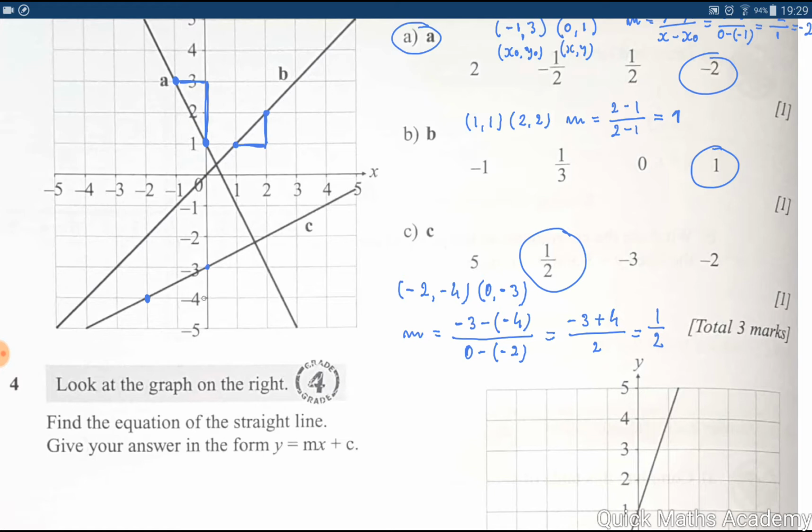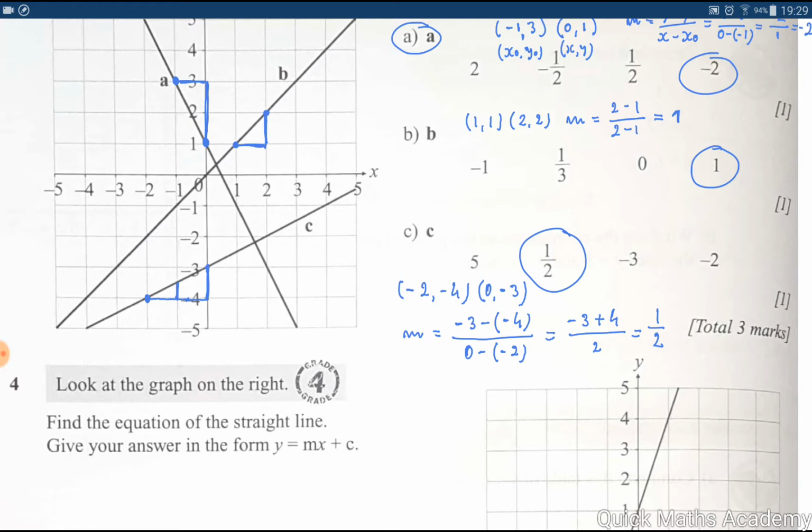That means that for each x I move half of y. For 2 x's I have moved 1 y. For 1 x I have moved half of a y, okay? Half of a y in the positive direction.